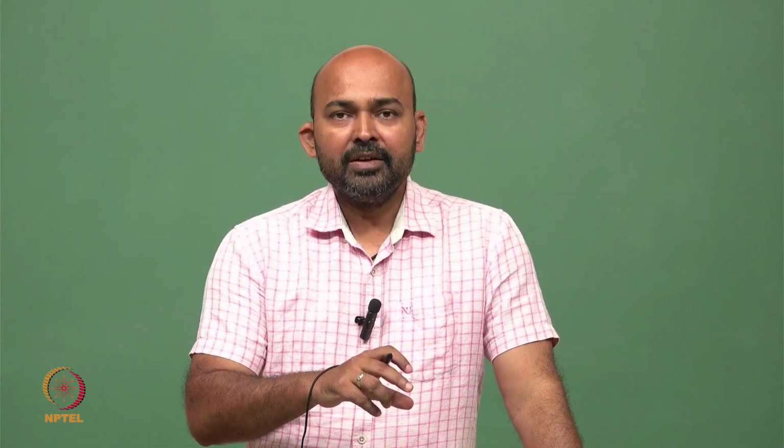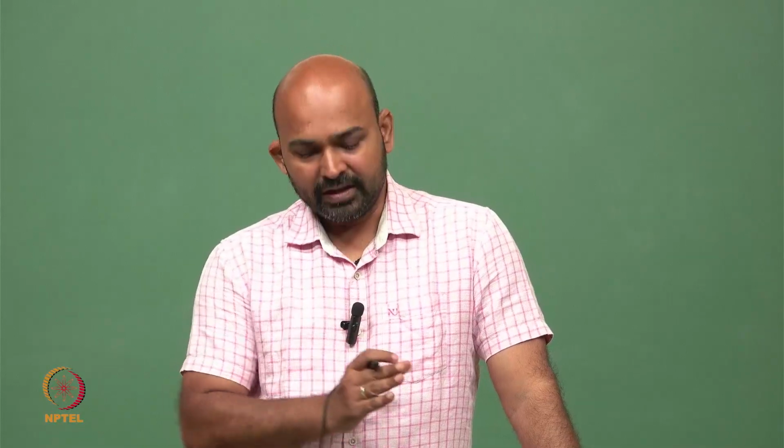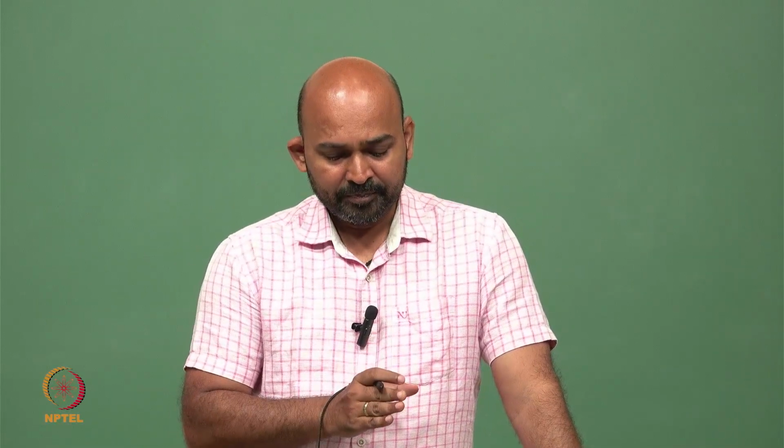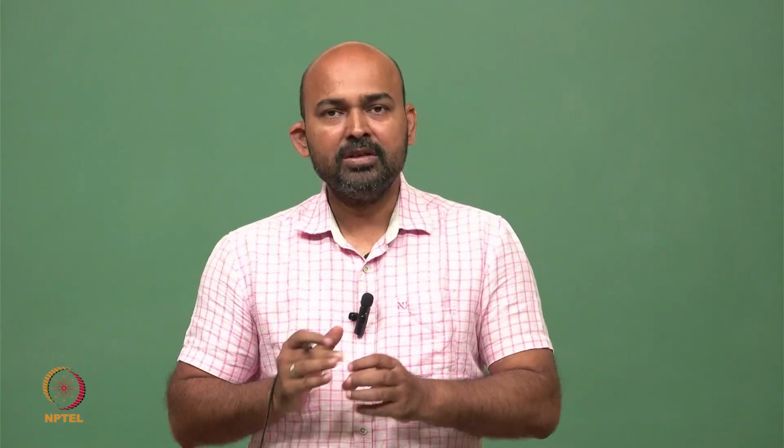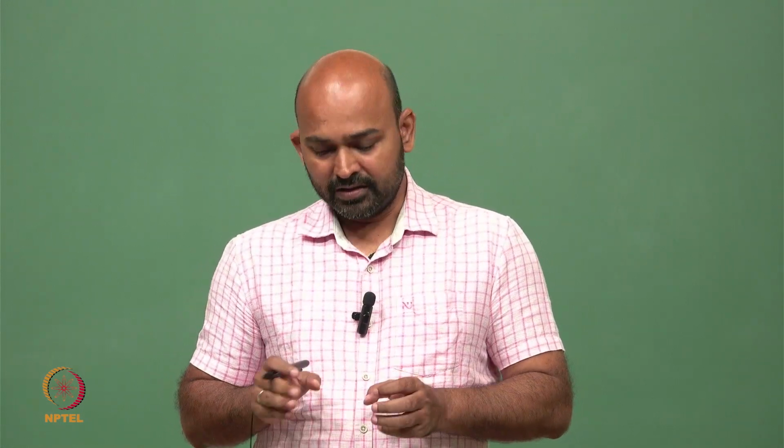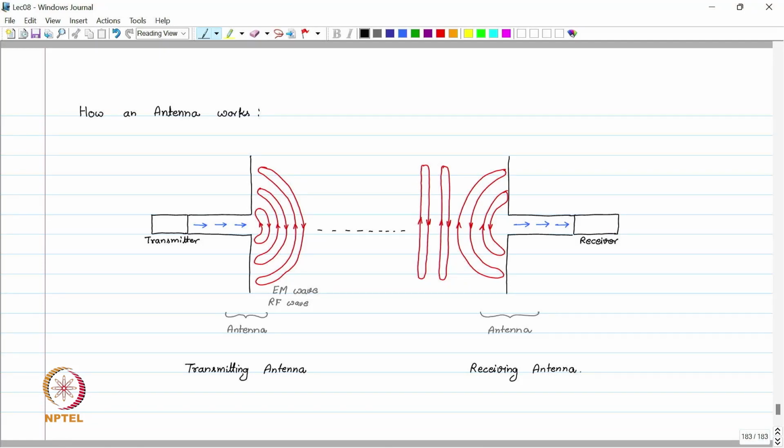These waves can travel in air or vacuum. When they hit a similar kind of antenna, which may be the same size as the transmitting antenna, at the receiving end, they again produce a similar electromagnetic field, or the same electrical signal in the antenna that was used to generate them.